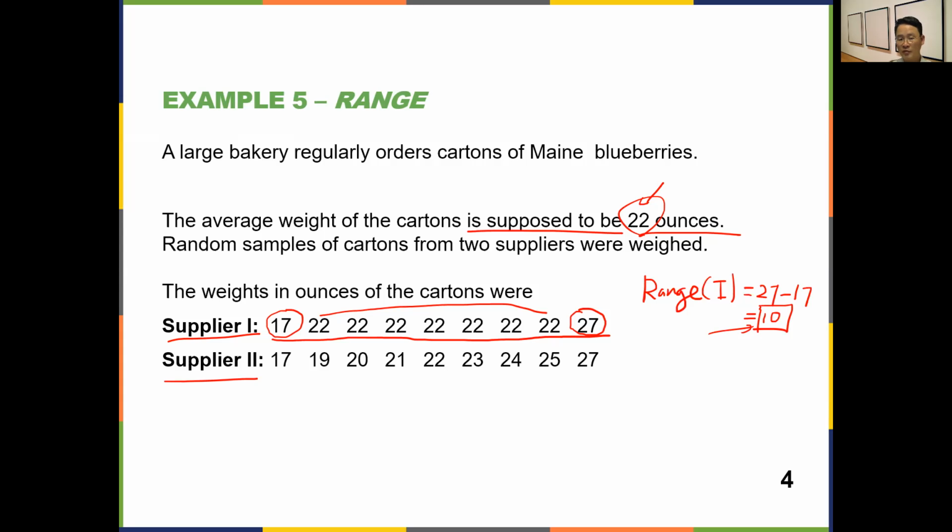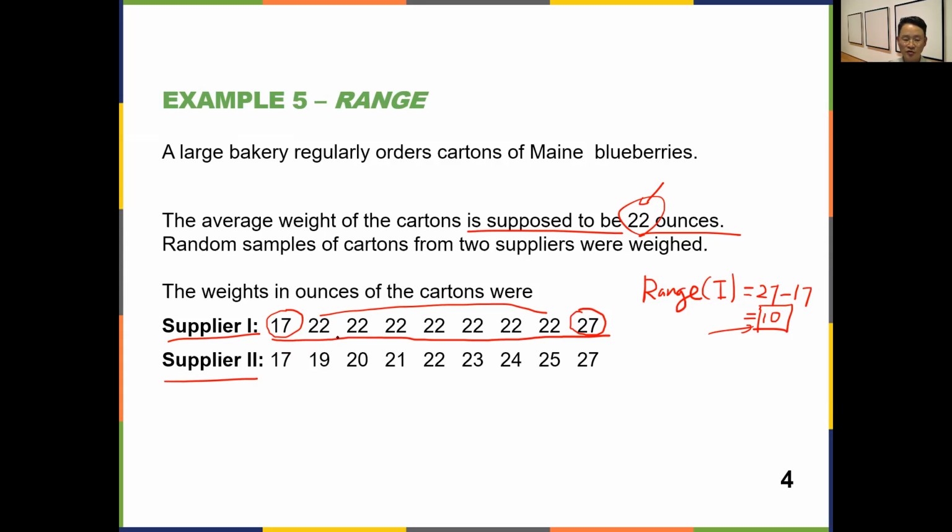So that's a measure that describes variation. These data vary from 17 to 27, right? So then we just solved that question. We came up with a number that describes the spreadness of the data set.